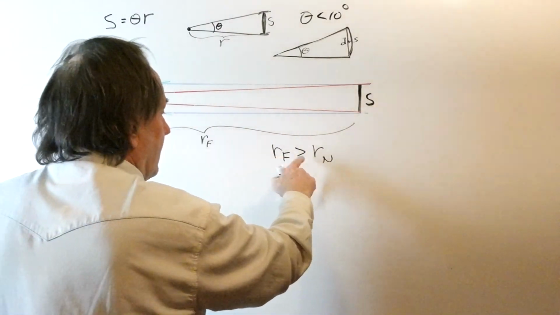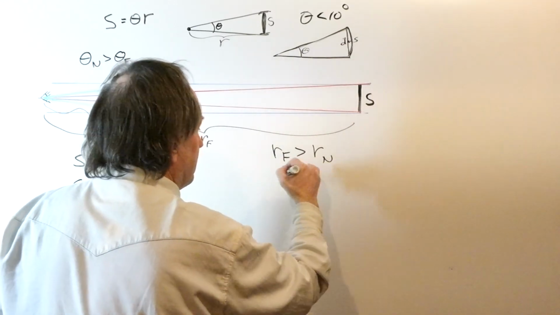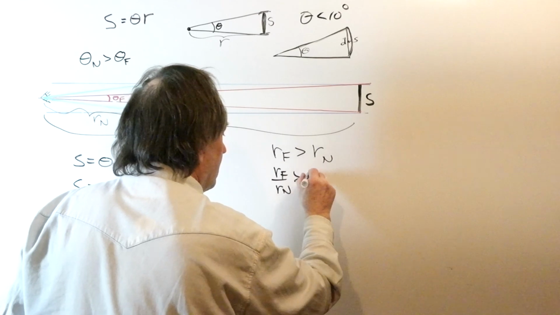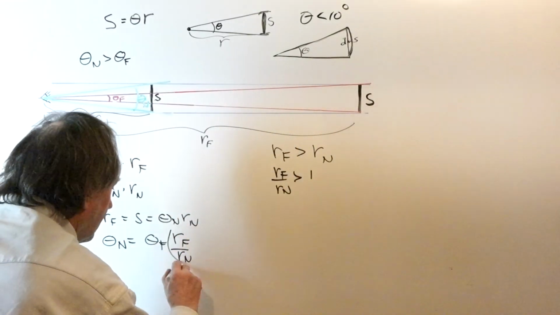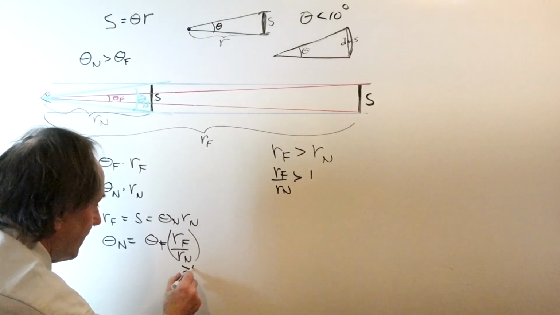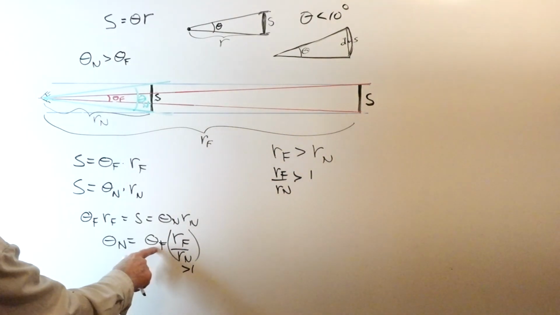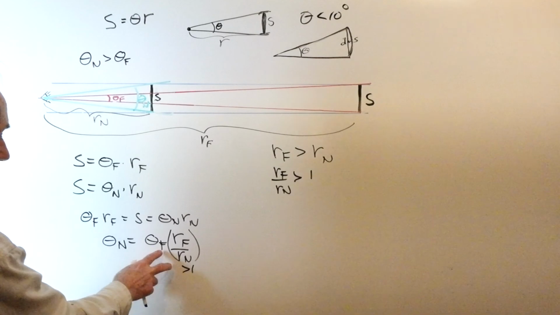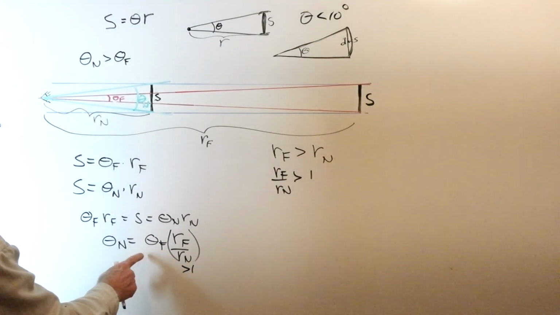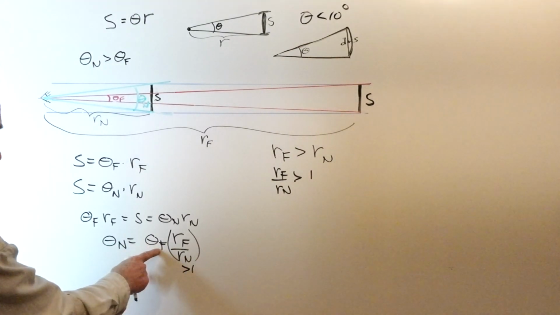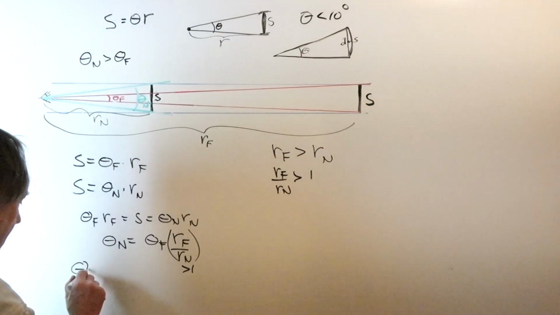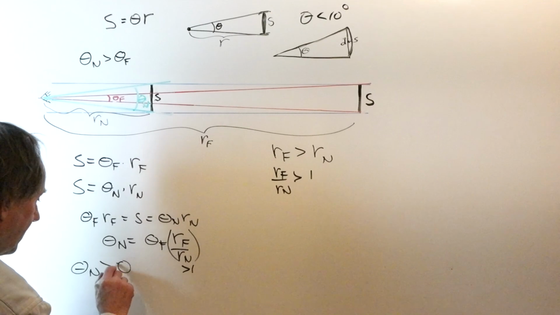Well, Rf is greater than Rn, so Rf over Rn is greater than 1. This quantity multiplies theta f, and theta f times a number greater than 1 is going to be greater than theta f. So we can see from this that theta n is indeed greater than theta f.